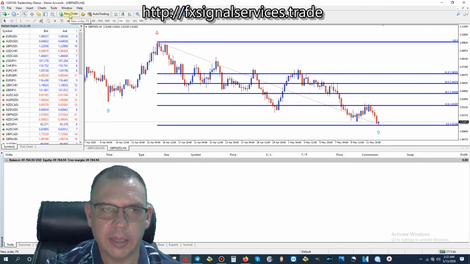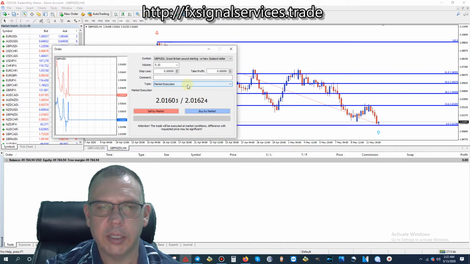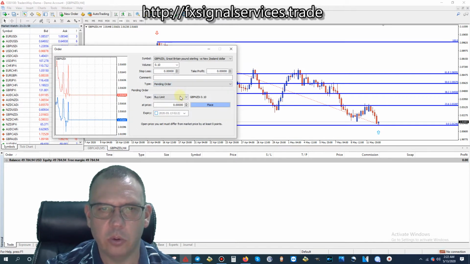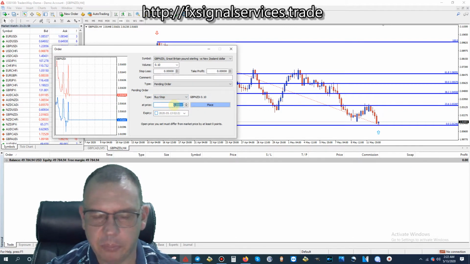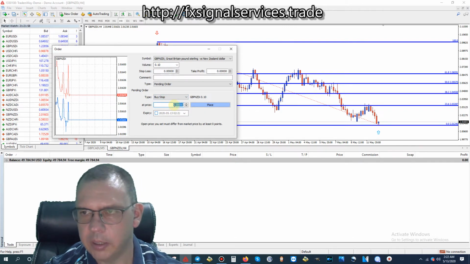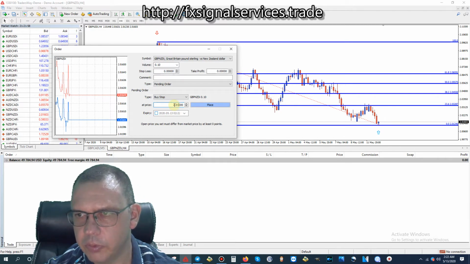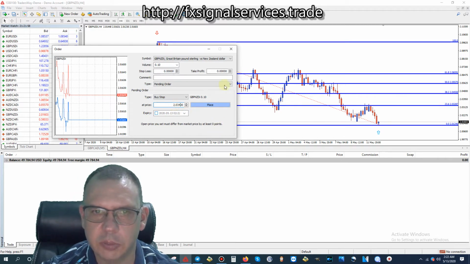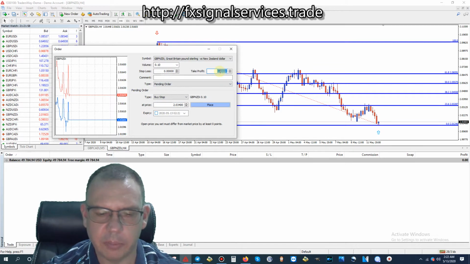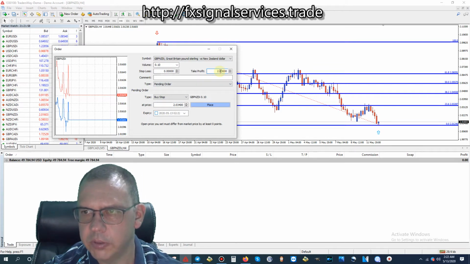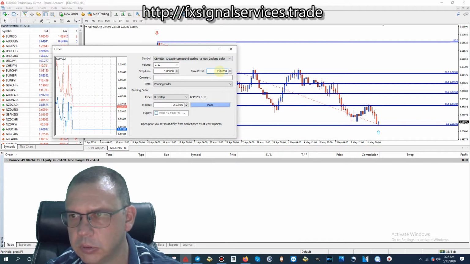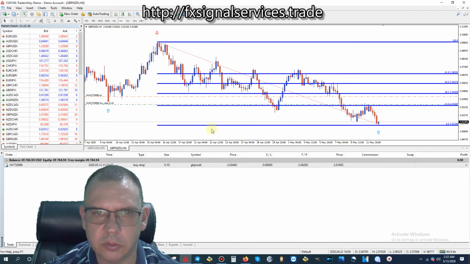How we do that is simply go to new order and change from market execution to pin order. Then choose buy stop, and for the price I'm just going to pick 2.03400, and take profit at 2.04200. We're going to try that here and see how it looks.